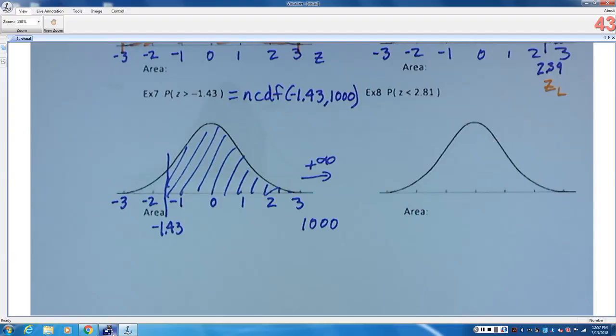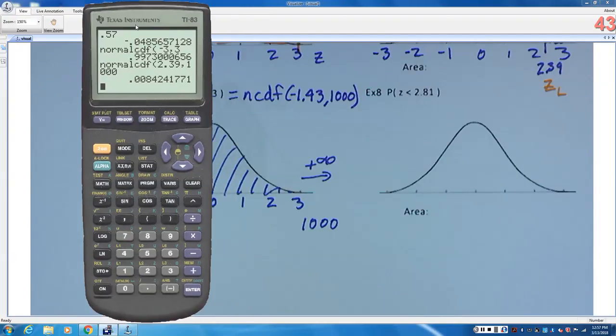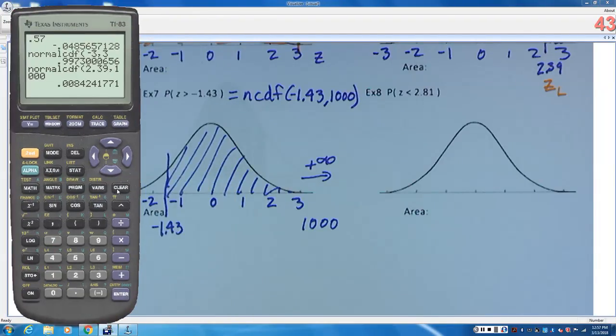Okay, so negative 1.43, comma, 1,000. 0.9236.